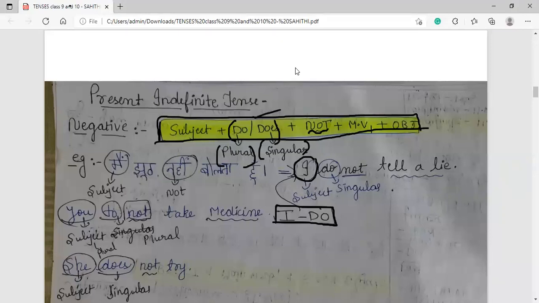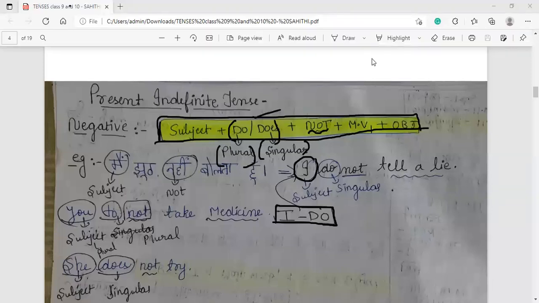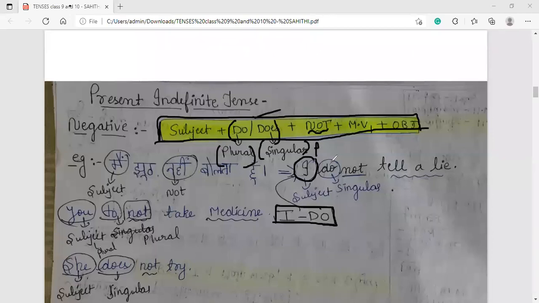Just a second. Actually, my cursor is not working now. I do not tell a lie. So here I is what? I is the subject, and in this I should be taken as plural. So do will be also plural only. Actually, I have written wrong over here.